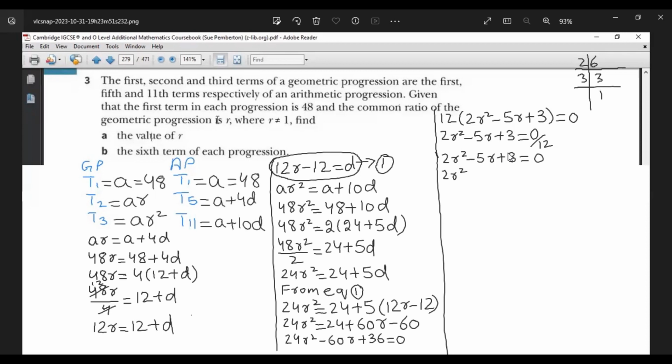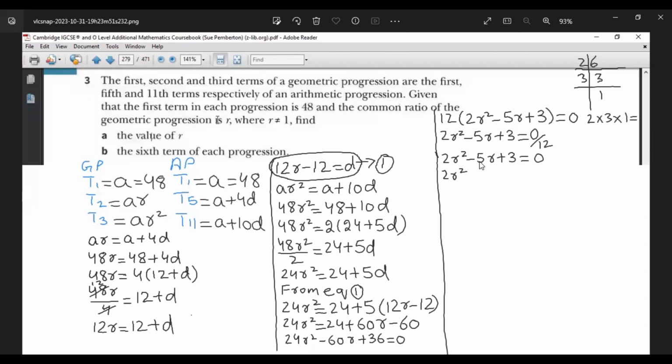Okay, this is a factor which we are going to get over here. So now I have to, from this 2 into 3 into 1, make factors in two groups. So by multiplying, I should get 6, and by adding or subtracting, I should get minus 5.